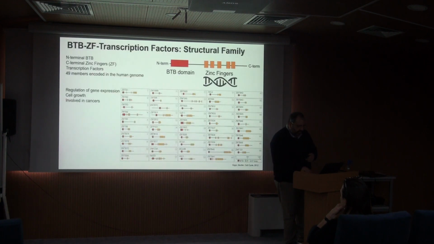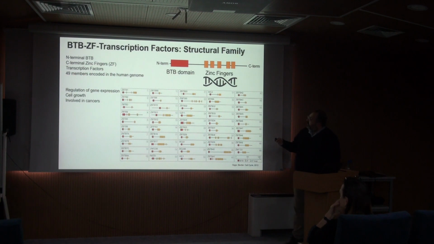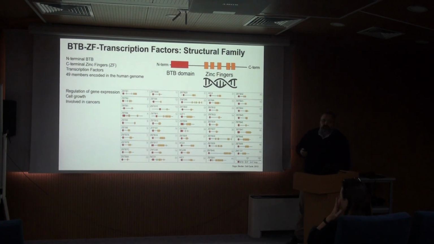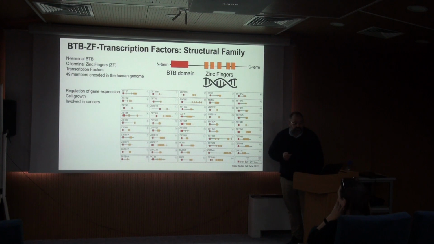The focus is a class of transcription factor proteins, and in the human genome we have 49 of these. These are called BTB zinc finger molecules. As they're transcription factors, they have a C-terminal DNA binding domain that's composed of zinc finger motifs, and they interact with different DNA targets.